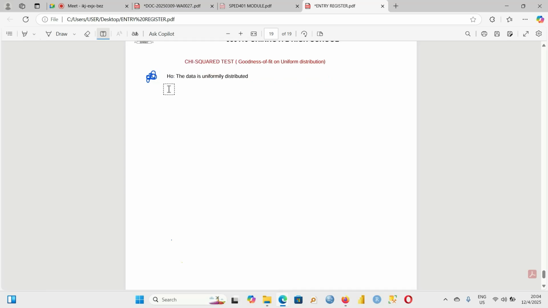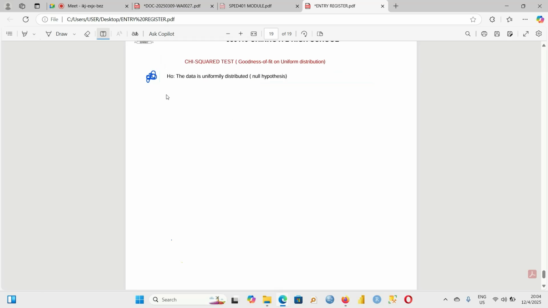That is our H naught. Right, then our H1, the alternative hypothesis. This one we refer to as the null hypothesis. We are going to define all these terms when we are doing hypothesis testing.